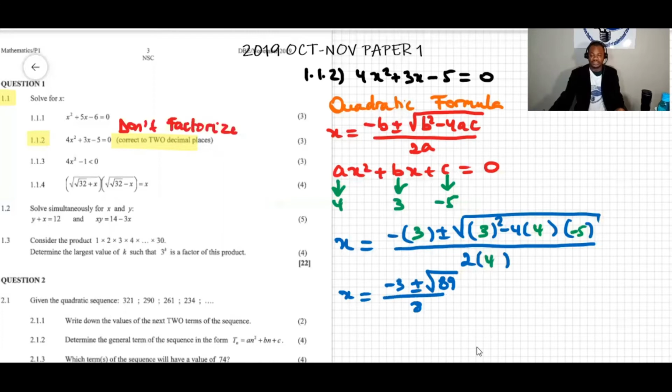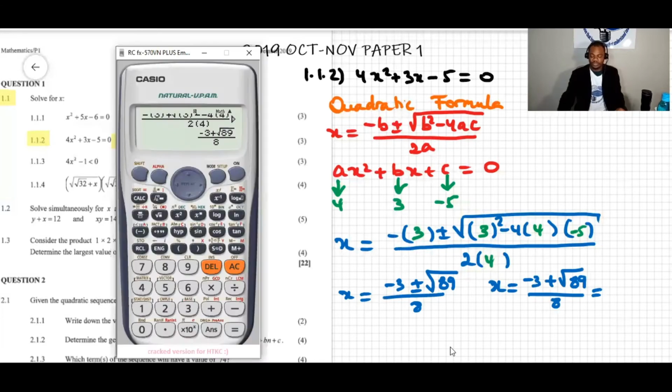Now there are two solutions here in plus minus. So let's work out the positive first. We have x equal to -3 plus root 89 over 8. Let's see the calculator here. We're going to press the S-D button over here. We've pressed it, then we have the solution in decimal.